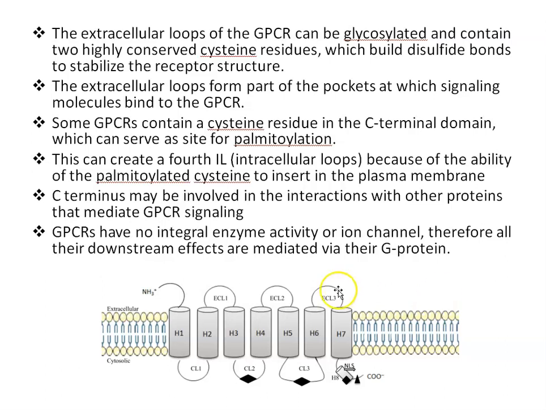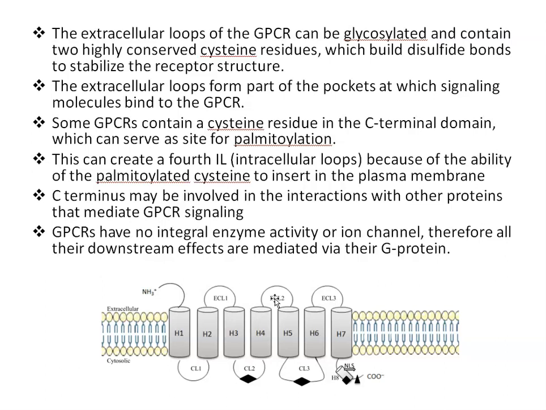Now, extracellular loops can be glycosylated and contain 2 highly conserved cysteine residues, which build disulfide bonds to stabilize receptor structure. Extracellular loops actually form part of the pockets at which signaling molecules bind to GPCR.